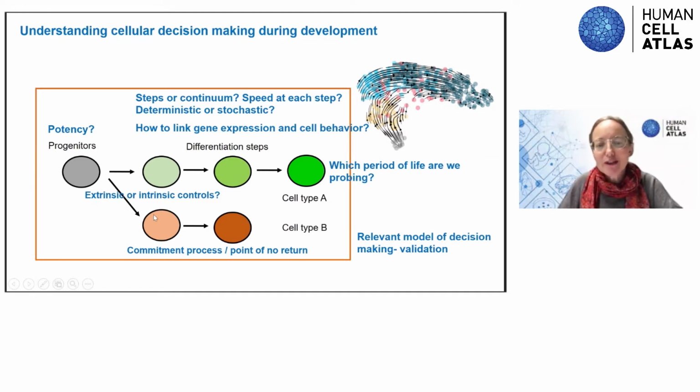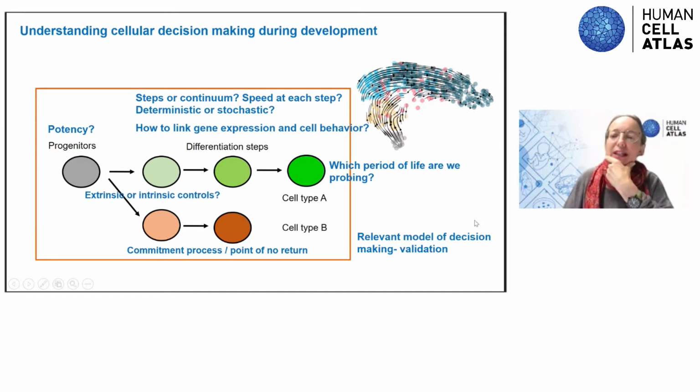We tried to launch a discussion on the commitment process, how a cell is committed, whether it's returning, but it didn't go very far. Nevertheless, we think it's an important thing to consider. All of this is pointing to the idea that what is important and definitely relevant to this community and development is that the system is a dynamical system.